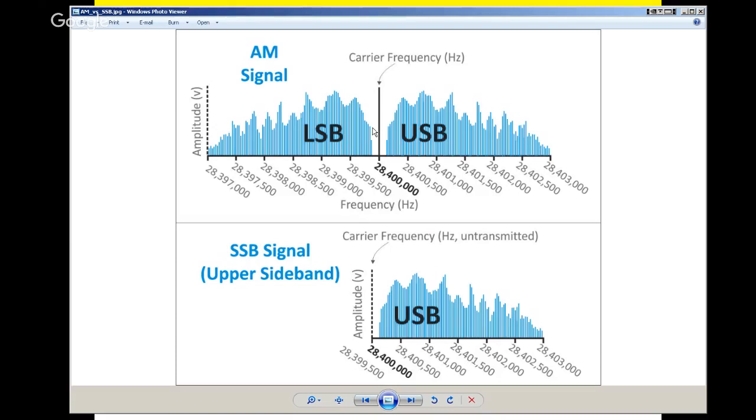And you see that you have a component which on one side is lower sideband and the other side is upper sideband. If you take away your carrier frequency and you take away one of the sidebands, in this case the lower sideband, you're going to transmit just on the upper sideband. And you can see that it's much more narrow.